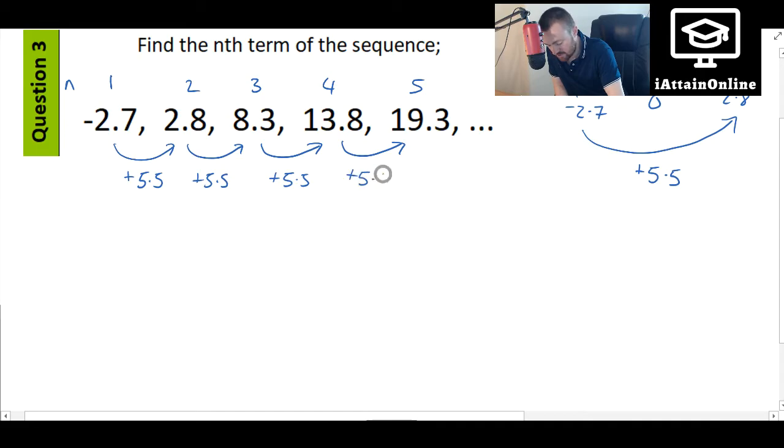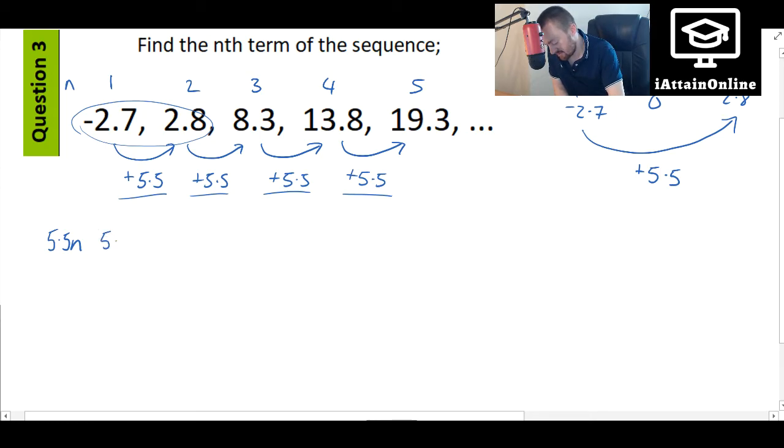You could also just check it with 2 positive numbers to avoid doing how do you get from this negative to this positive. So for example, you could say how do I get from 8.3 to 13.8, and that's adding 5.5. Okay, so because it's going up in 5.5s, I'm going to write out my 5.5 times table. Again, we write that as 5.5n.